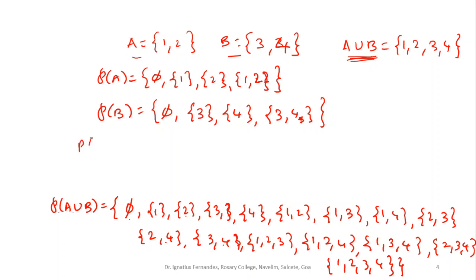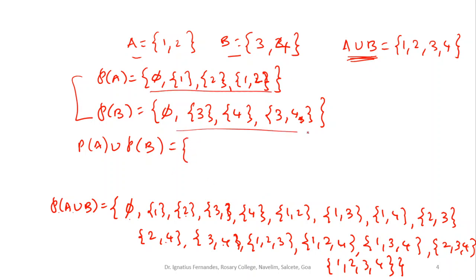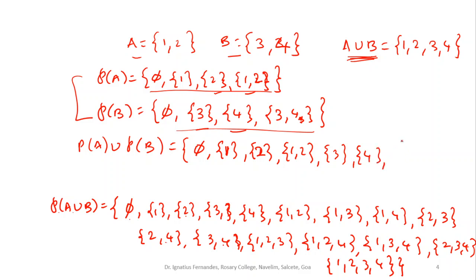Now if I look at power set of A union power set of B, I am looking at the union of these two sets. What will be the union? I have to combine all these elements: the null set, {1}, {2}, {1, 2}, then {3}, {4}, and finally {3, 4}.